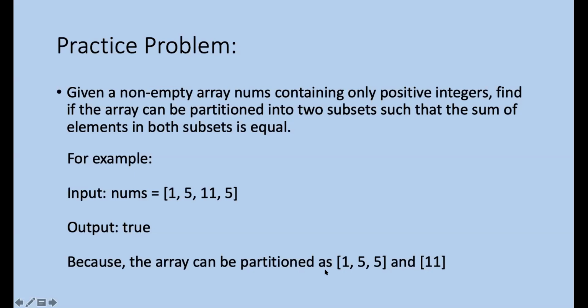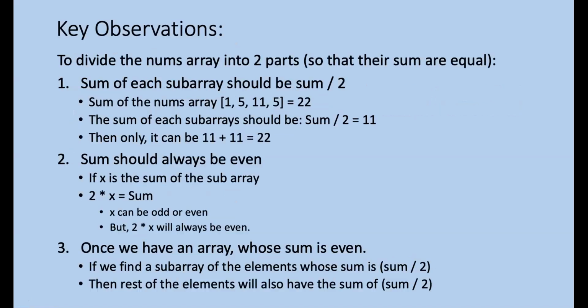Now, key observations we can make after we look at this question, and there are three observations that I noticed. To divide the nums array into two parts so that the sums are equal, that's the key part. We need to make sure that the sums of both subarrays are equal. The sum of each subarray should be the total sum divided by two, right?